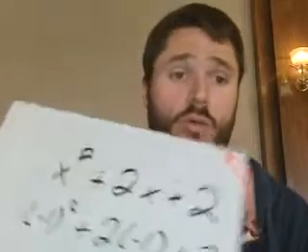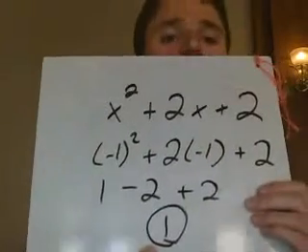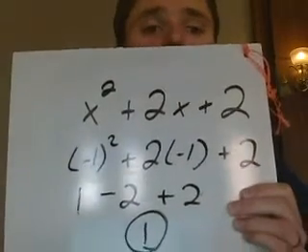Let's not forget our order of operations. What would I do first? Well, I would deal with this exponent. So what is negative 1 squared? Well, it's 1. 2 times negative 1 is negative 2, so minus 2 plus 2. So 1 minus 2 is negative 1, plus 2 is positive 1. So your answer should be a positive 1. Feel free to pause this if you want to take a look at my work.